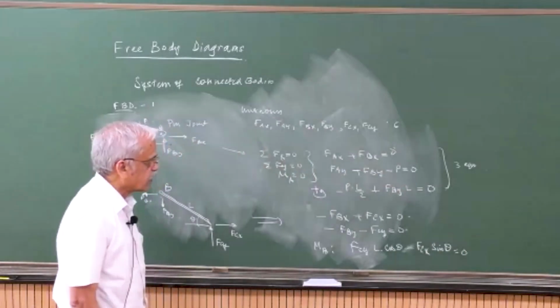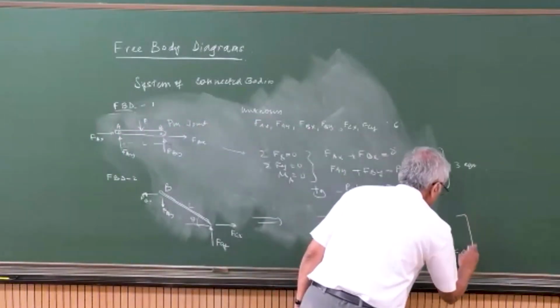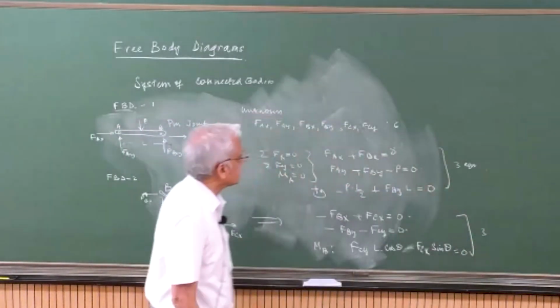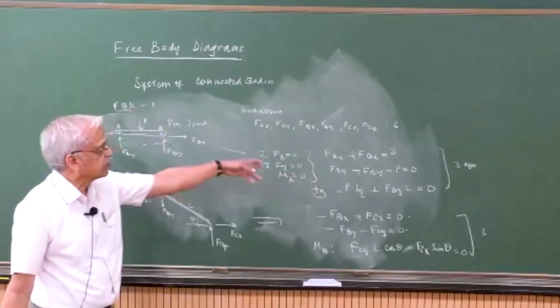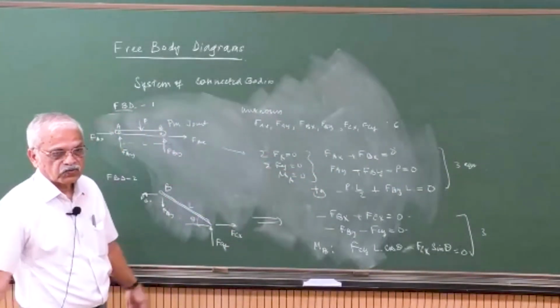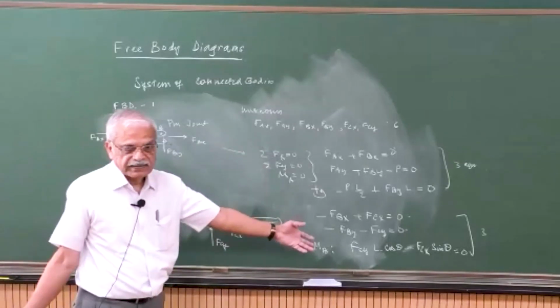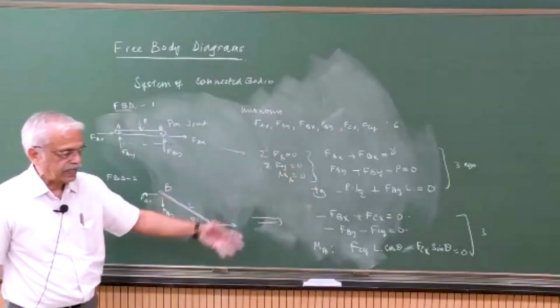Okay, so these are three equations. So you have 3 plus 3 equations for 6 unknowns. So you can solve all these 6 and then you can get the answer.